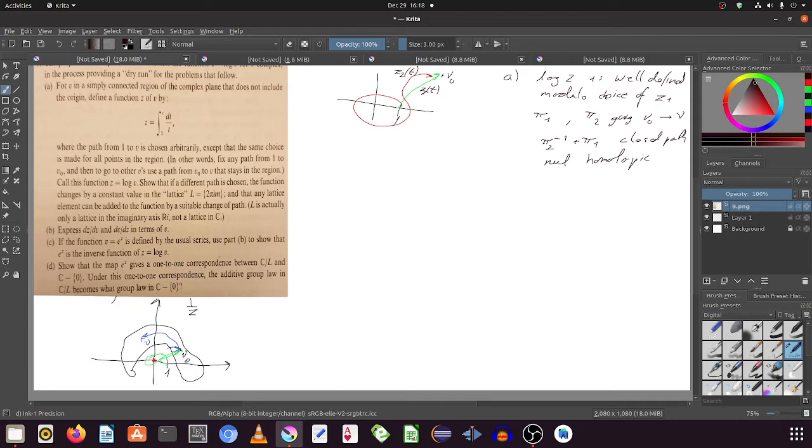So the difference must come from different choices of path from unity to v naught. And with the same argument, we can get a path from unity to unity.